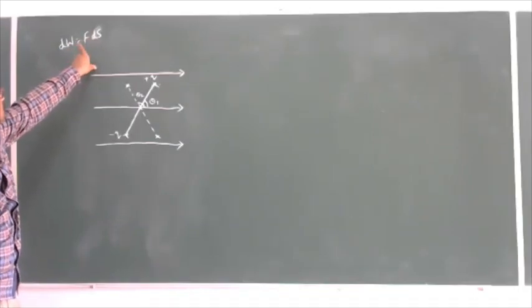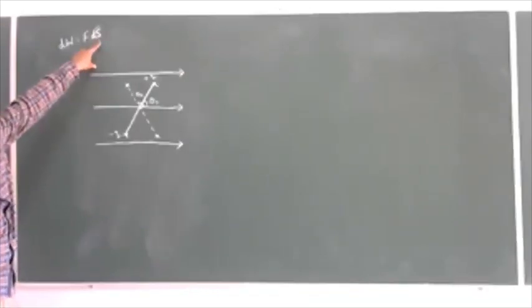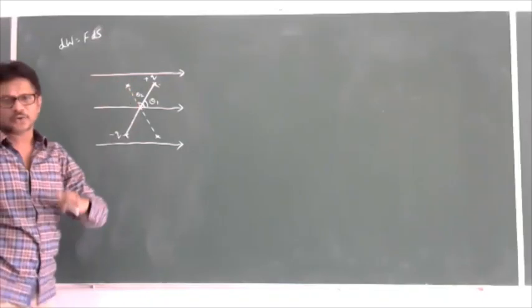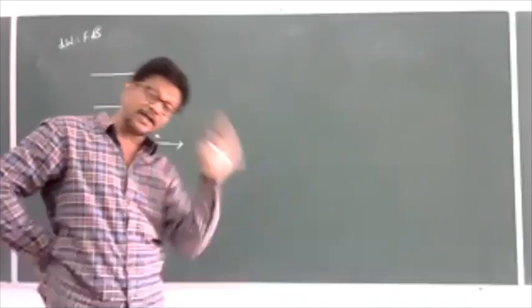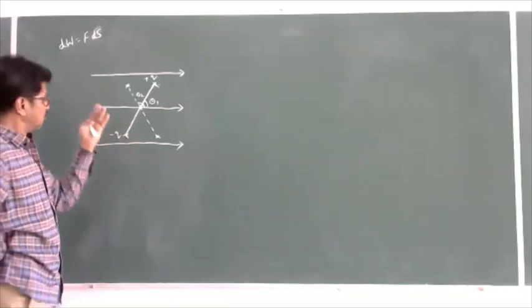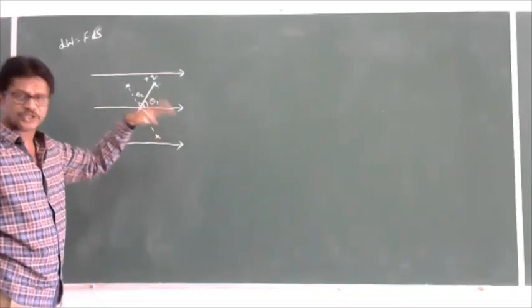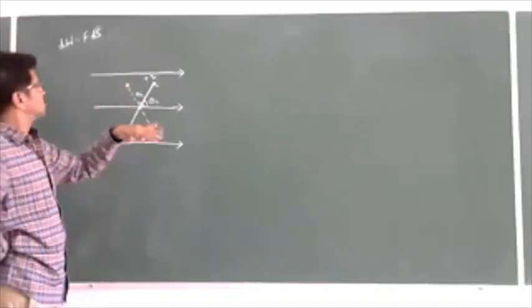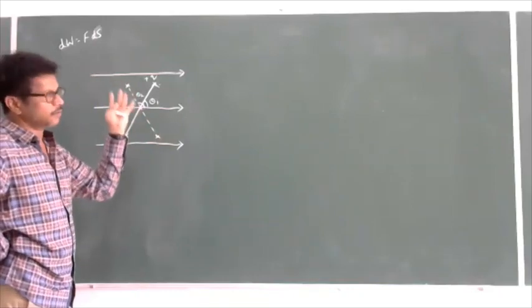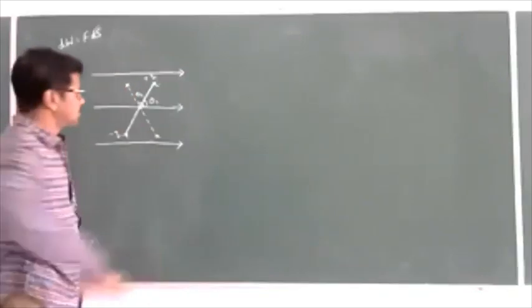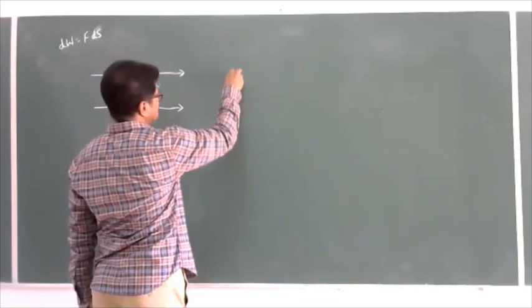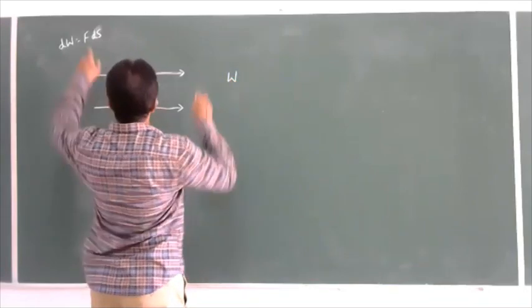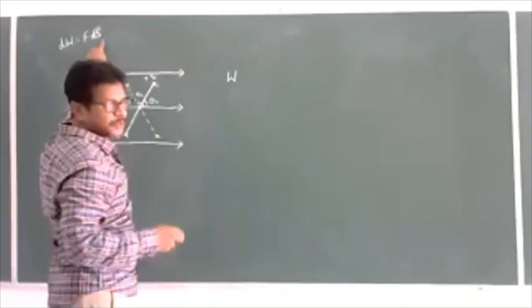This formula is used in the case of linear motion, whereas here we are rotating a dipole, which is a rotational motion. Then what is the formula to find the work done in rotational motion? The general formula is force into displacement.